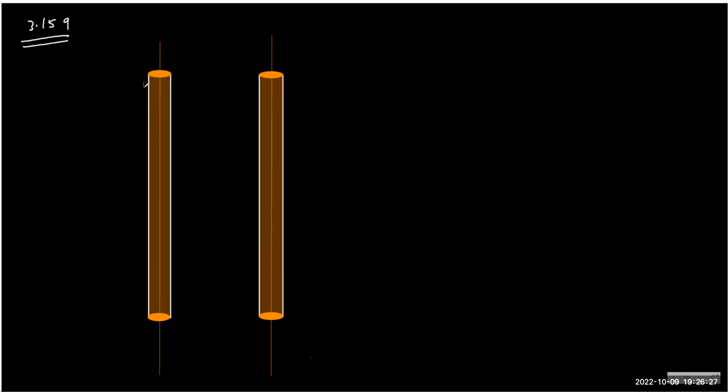One is, let's say, positively charged because the voltage between them is given as V, and the space between them is filled with some poorly conducting medium.